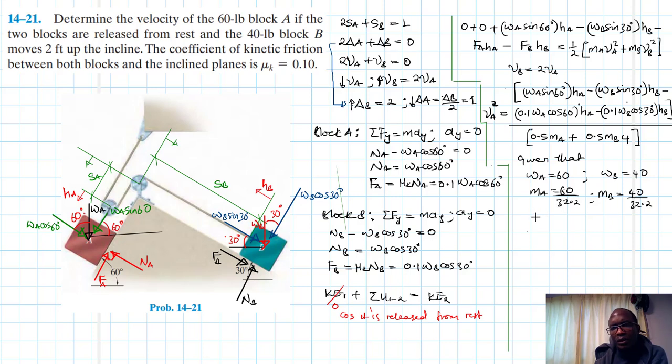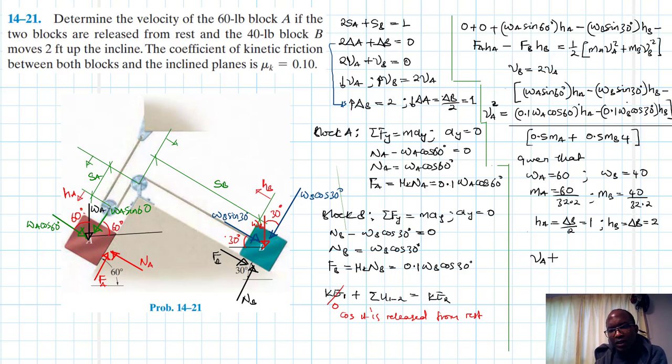What else? Of course, we know that our HA is equal to delta B divided by 2, which is just equal to 1, and HB is equal to delta B, which is equal to 2. I think we have included everything.